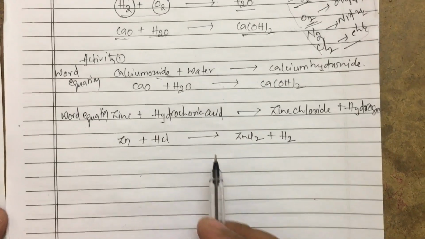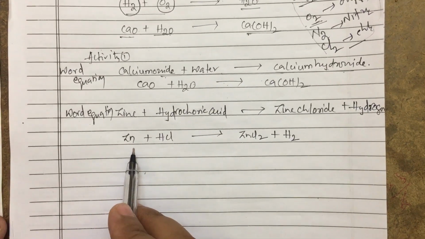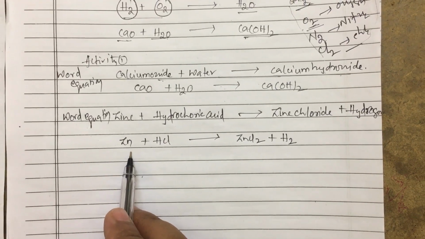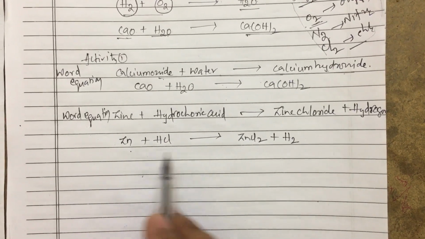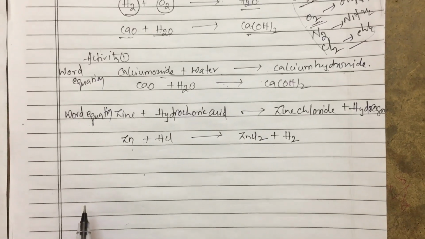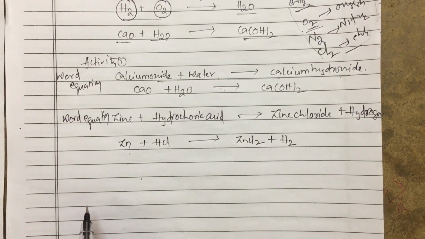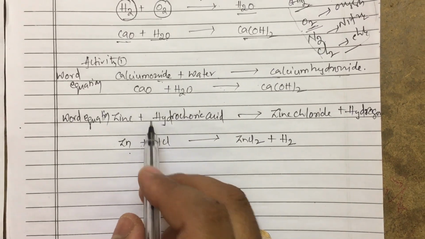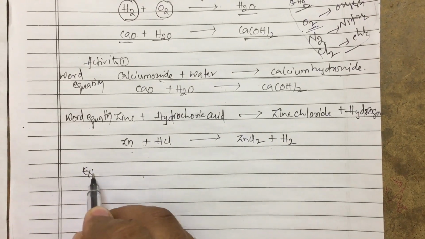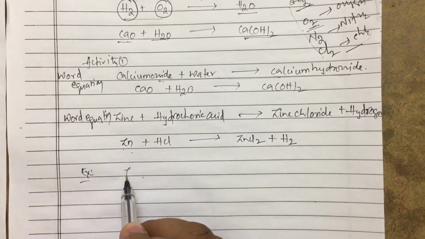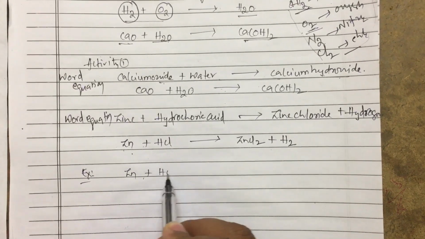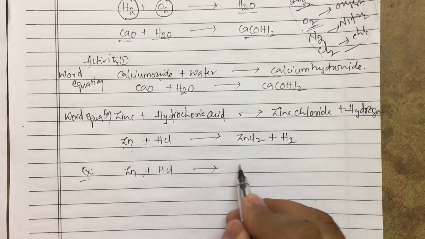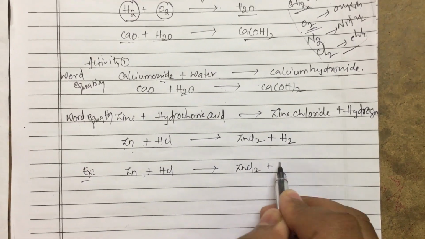Let us move forward. After writing a chemical equation, you need to keep in mind that the number of atoms on both sides of the equation must be the same. For example, zinc plus HCl gives rise to ZnCl2 plus H2.